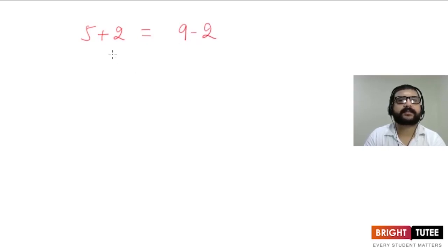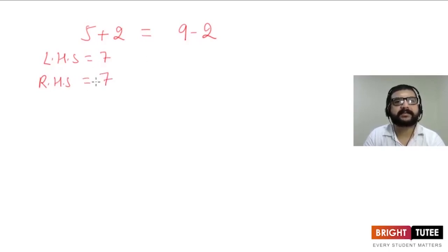Now let's try something else. Let's take one more equation. We are having 5 plus 2 is equal to 9 minus 2. Here LHS is 5 plus 2, which is equal to 7. And what is RHS here? RHS is 9 minus 2, which is 7 again.